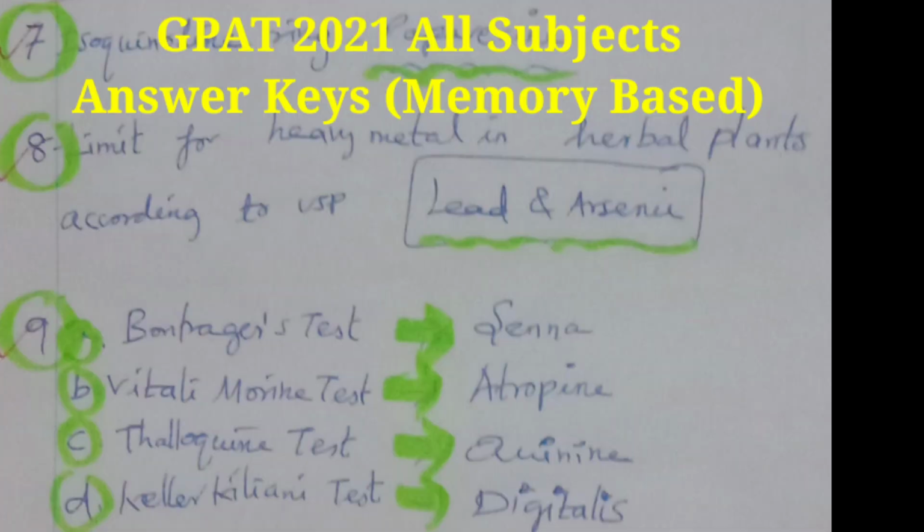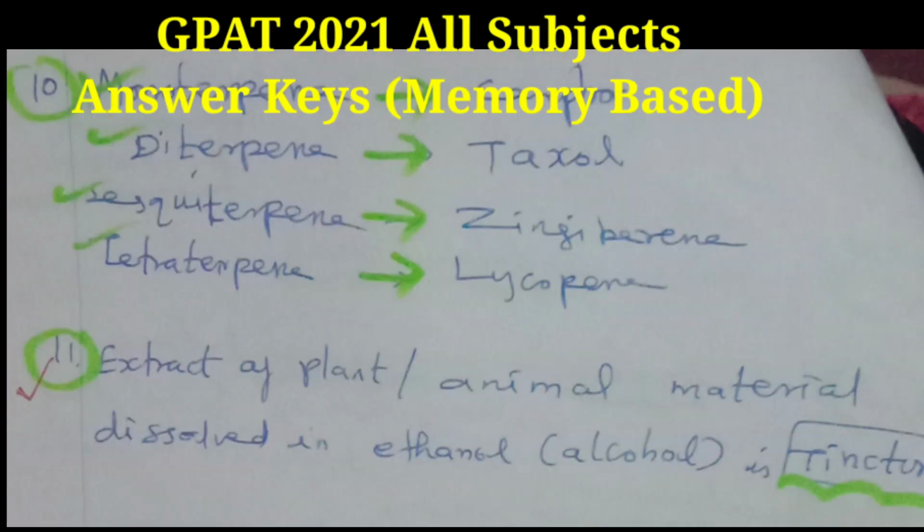The next question, isoquinoline ring is present in papaverine. Then limit for heavy metals in herbal plants according to USP: lead and arsenic. Then match the following: Borntrager's test, senna; Vitali-Morin test, atropine; Thalleioquin test, quinine; and Keller-Killiani test, digitalis.